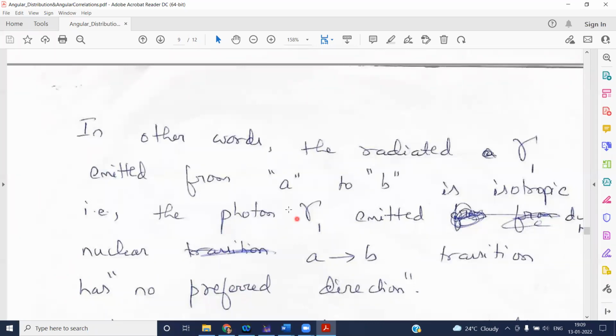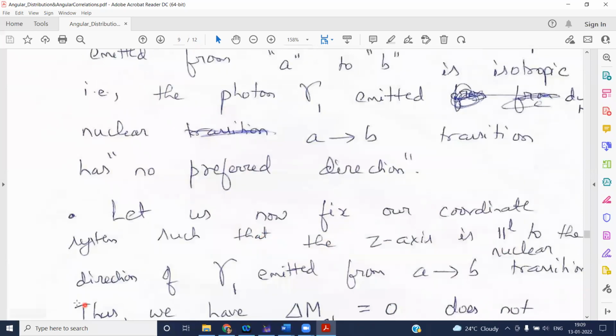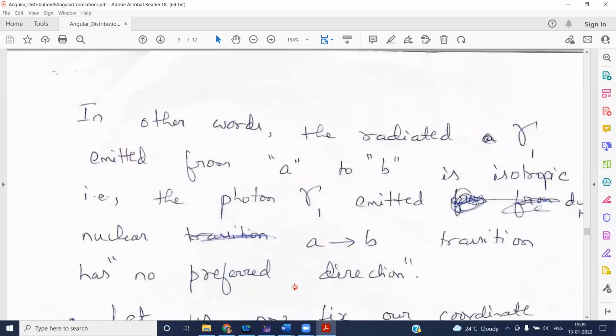Now I do one particular trick. Let us fix our laboratory coordinate system such that the z-axis is parallel to gamma 1 radiation. What am I doing? I find two gamma rays being emitted. The first gamma ray is emitted now, and I detect it. Detector D1 clicks.